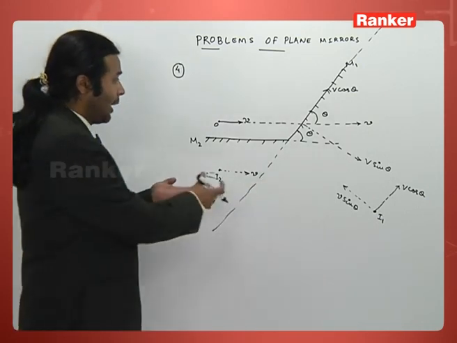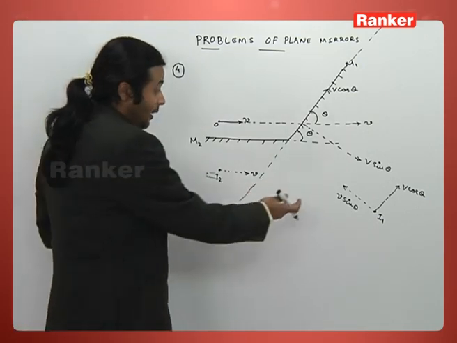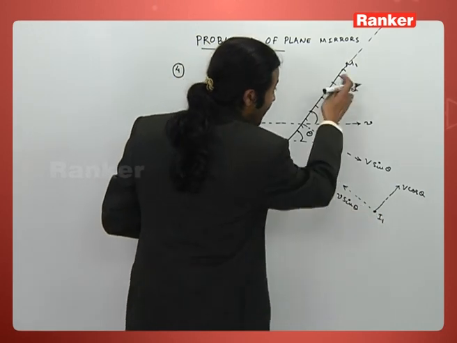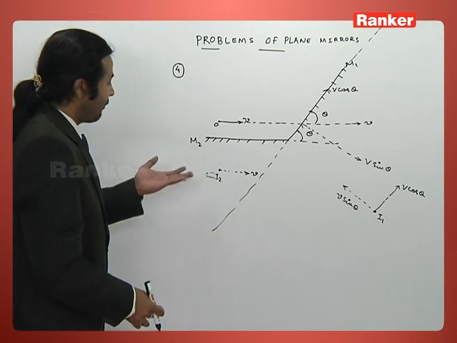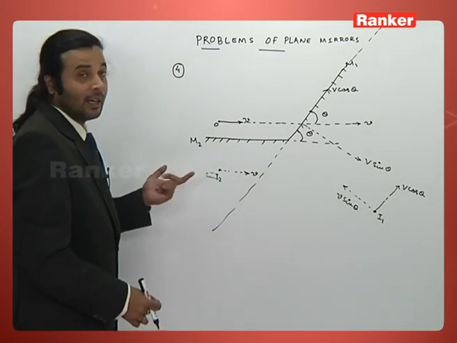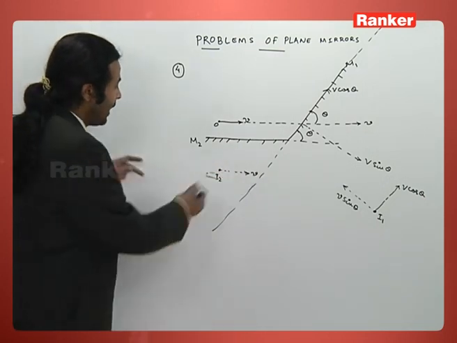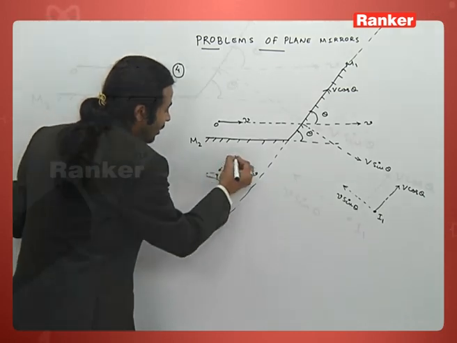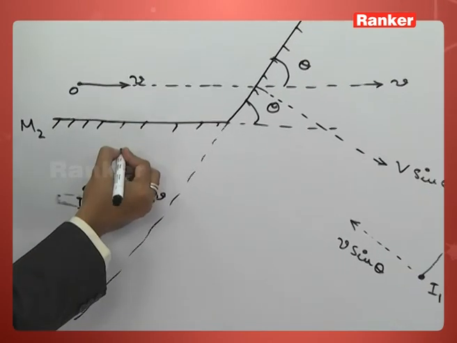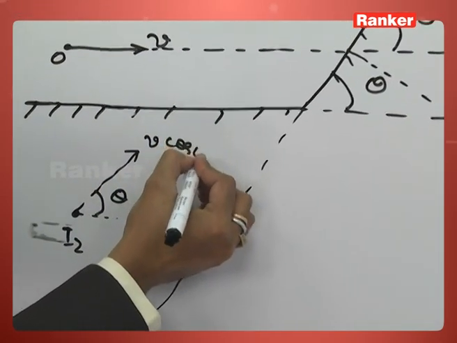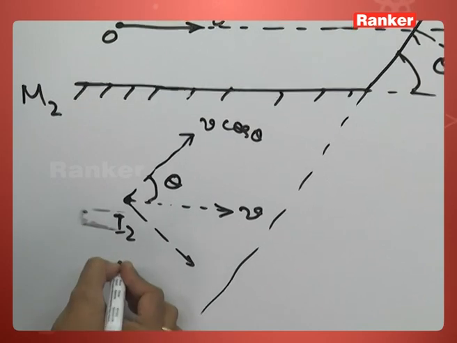Now if you look carefully, it's all vectors. Now mirror M1 has an image with v sin theta and v cos theta in this way. So definitely, in order to find out the relative velocity between these two images, let us just solve this. If this is theta, obviously this will also be theta. So this will be v cos theta. This will be v sin theta.